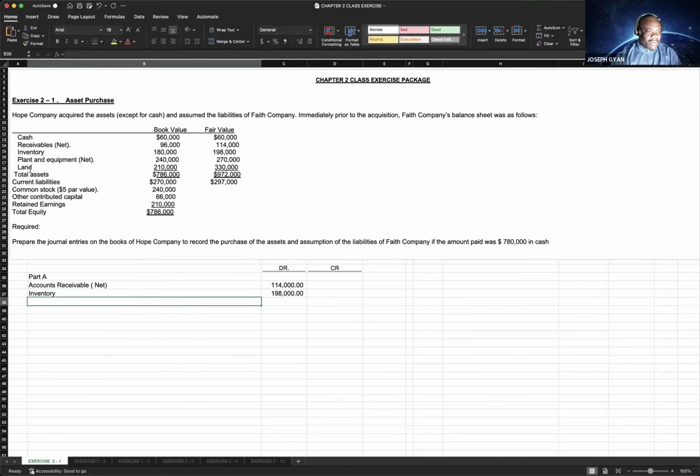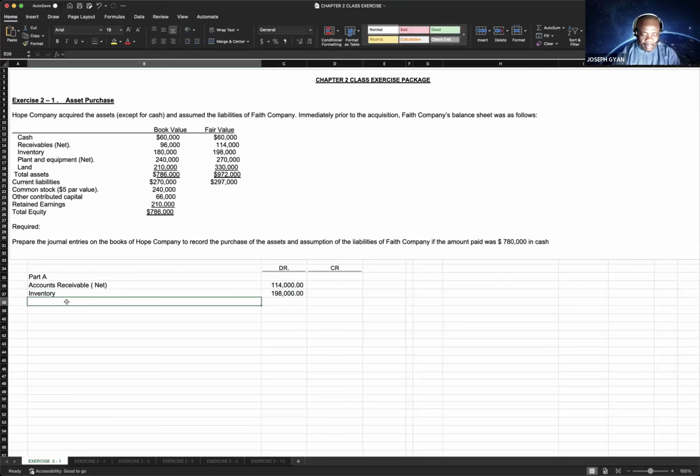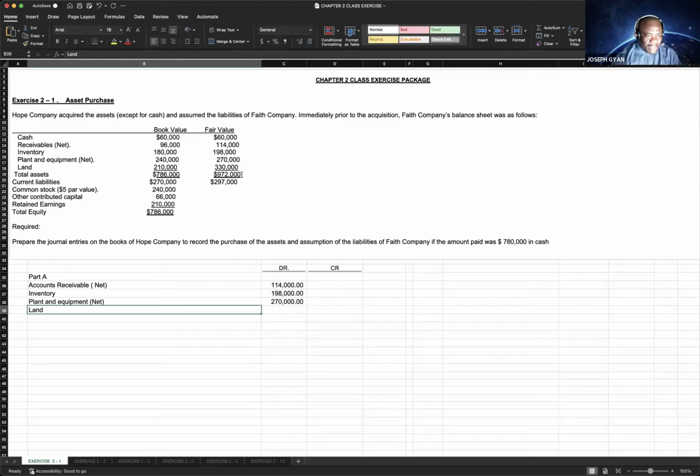We also have the PPE, which has a market value of 270,000. Here we have the land. The value of the land is 330.